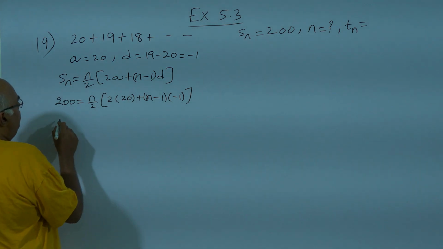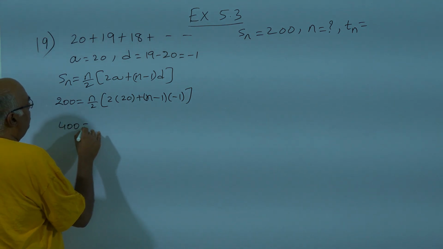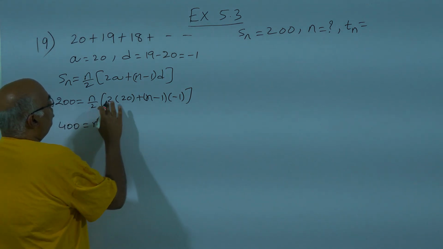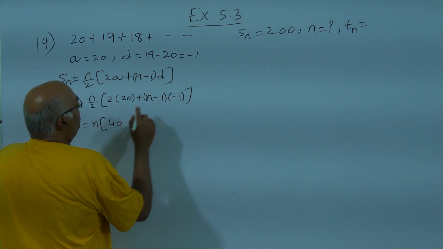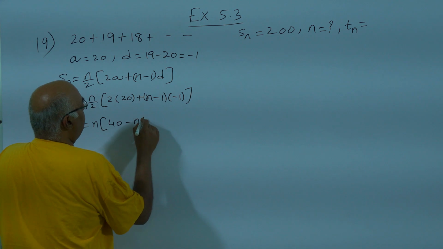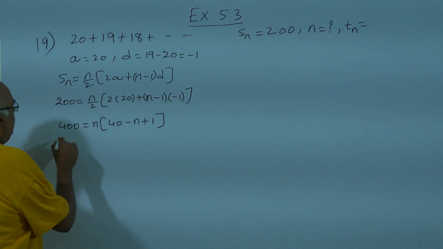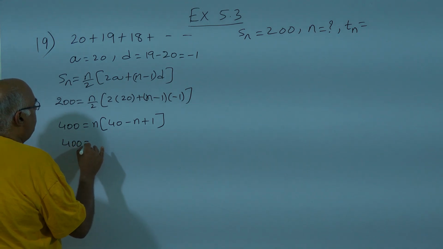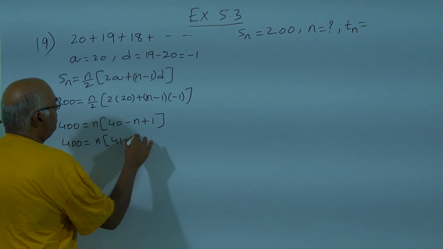So 200 into 2 we will get as 400, is equal to n into 2 into 20 is 40, plus n into minus 1 is minus n, minus into minus is plus, 1 into 1 is 1. If you solve this, we will get 400 is equal to n into 41 minus n.